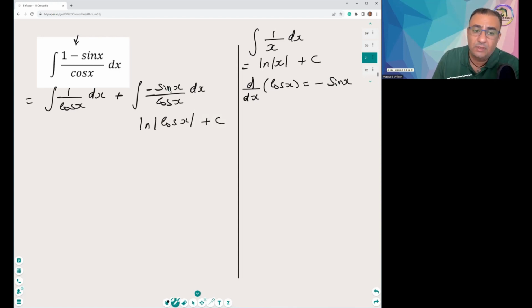Now we have another challenge here, which is the integration of 1 over cosine, which is basically the integration of sec x dx.